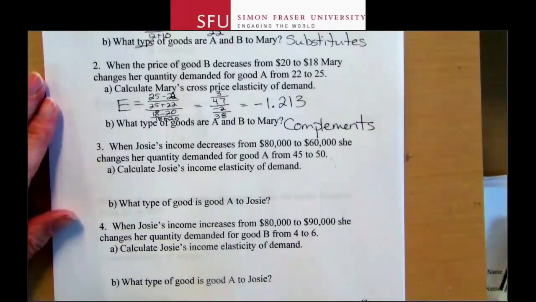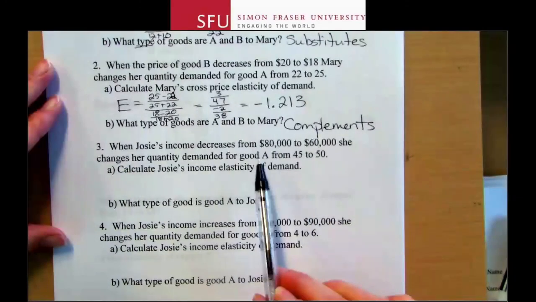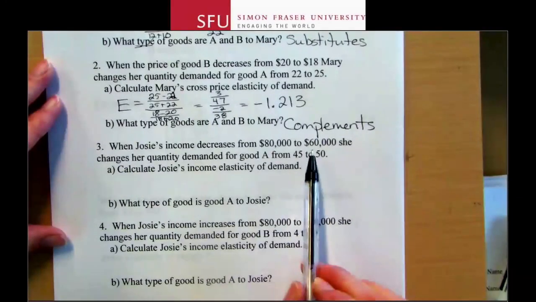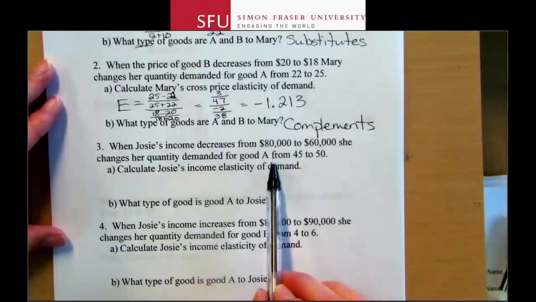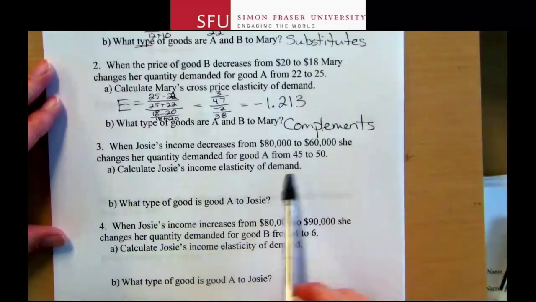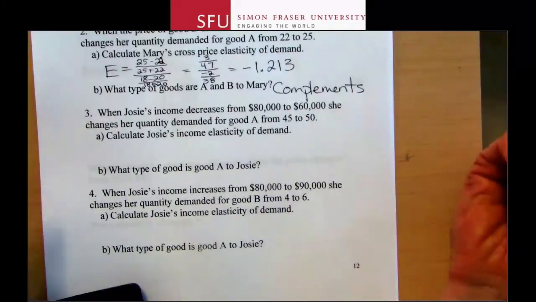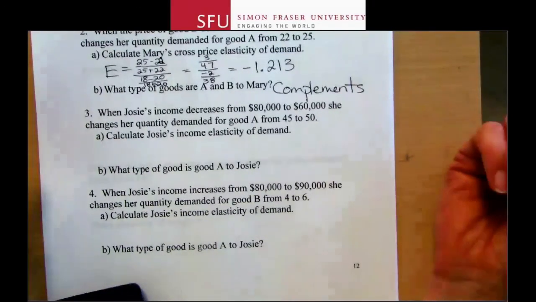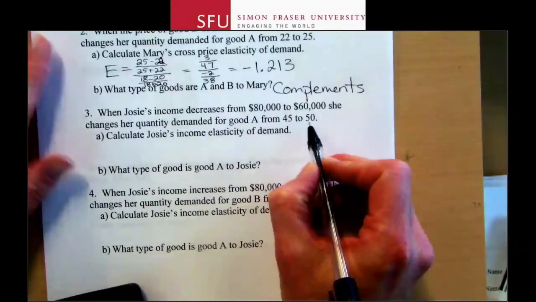Okay, next one is going to be income elasticity of demand. So Josie's income decreases from 80 to 60,000, and she changes her quantity demanded for good A from 45 to 50. Now again, we can just by that figure out if it's a normal good or an inferior good. What would that one be? Inferior, that's right, because she's getting poorer and she's buying more of it.